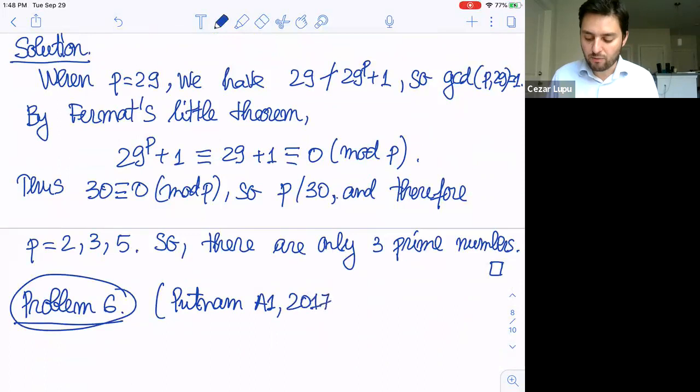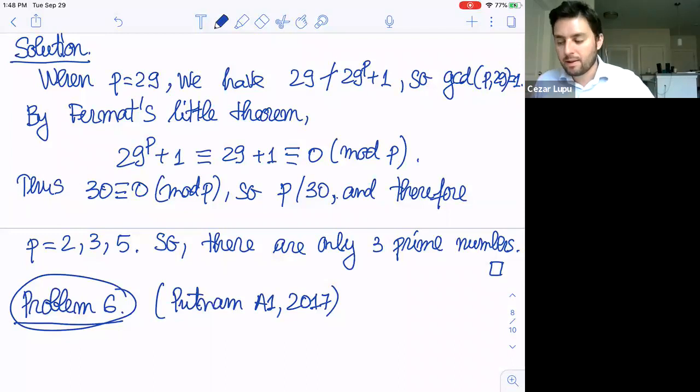Like I said, I will avoid doing any problems from Putnam 2018 and 2019, because there will be 2 lectures devoted to these Putnam exams from the last 2 years. So I'll do that separately, so I don't want to touch any of those problems.